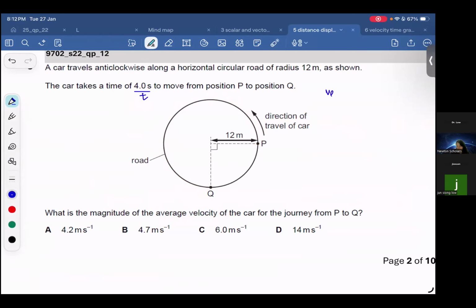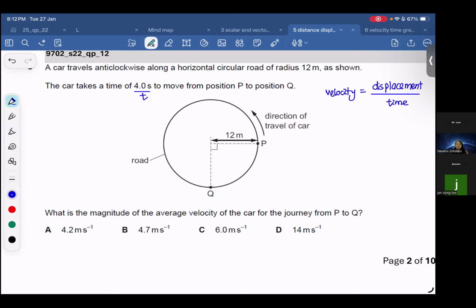Okay, dear. Velocity is displacement divided by time. Where to where is your displacement? Can you try? Displacement divided by time. Zhesheng, yes.